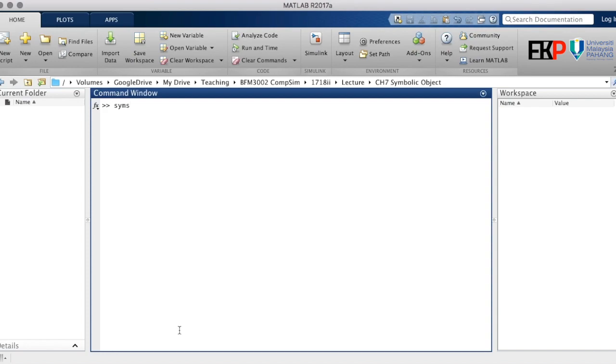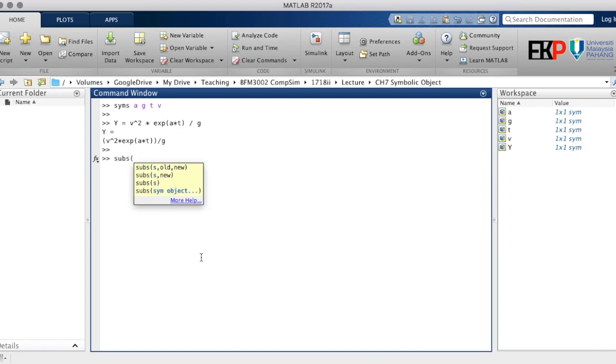Say we define a few symbolic objects a, g, t, and v, and we have an expression y that is equal to v squared times the exponent of a times t, and then divided by g. So this is our expression, and we want to substitute t now with a value of 2, so we use the command subs.